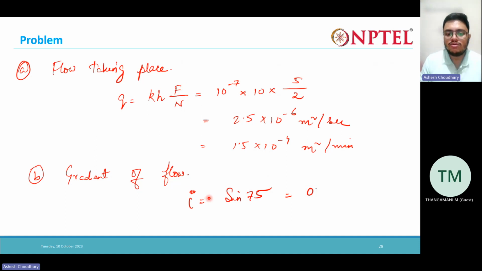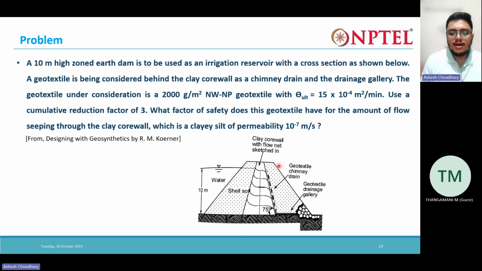And what is the gradient of flow? So how to find the gradient of flow? This flow gradient is nothing but H by L. H is the water head and L is the length of flow. So here the length of flow is this inclined length where the cursor is moving, because the geotextile is placed along this length.